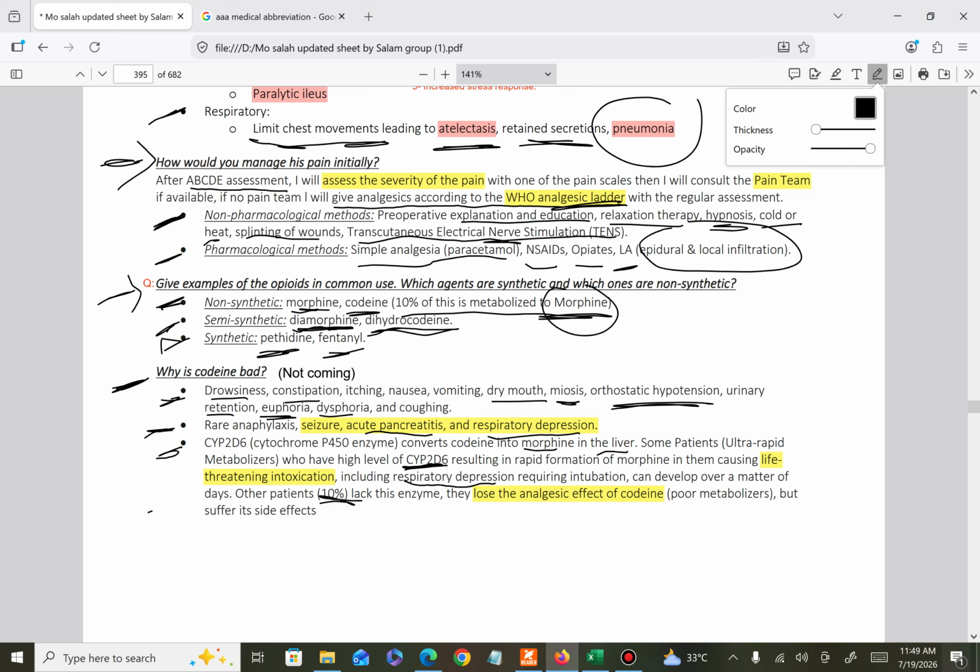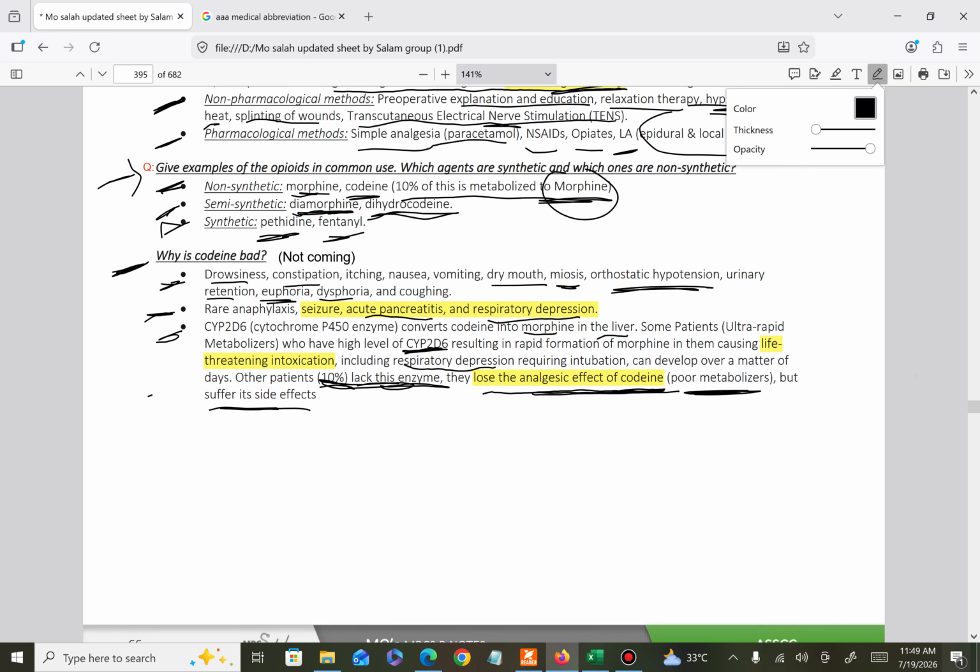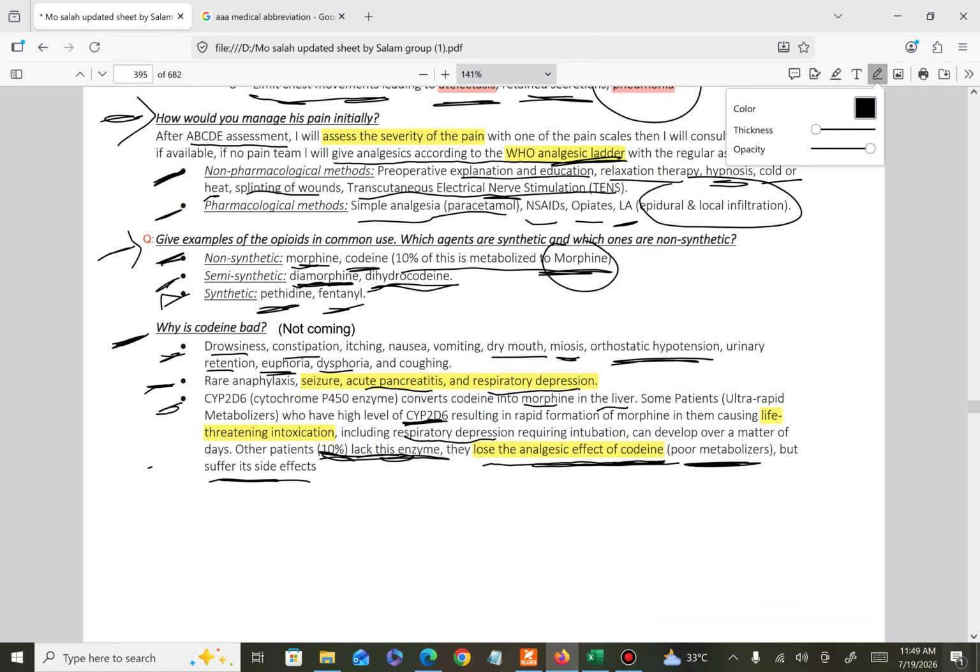Other patients, 10%, lack this enzyme. They lose the analgesic effect of codeine because they are poor metabolizers. Okay, so these are the bad effects of codeine.